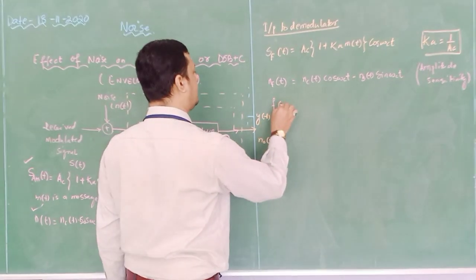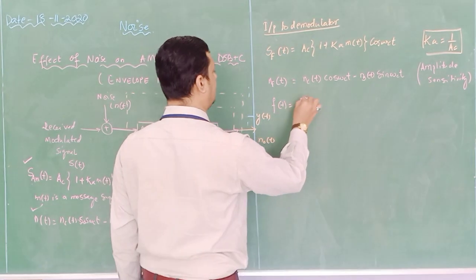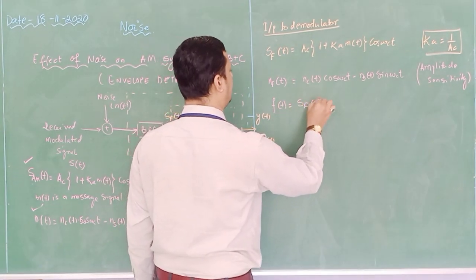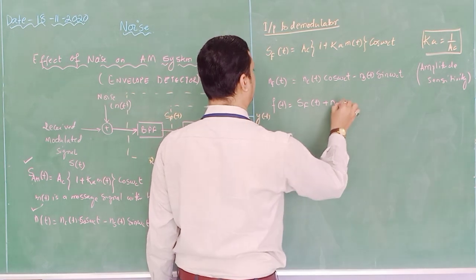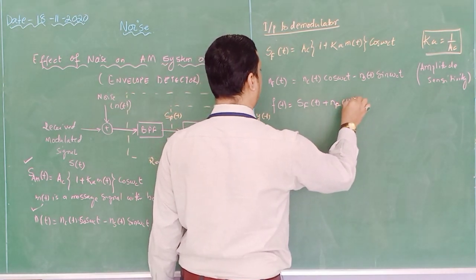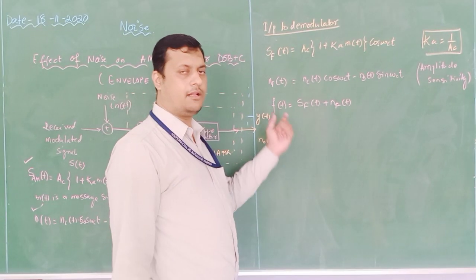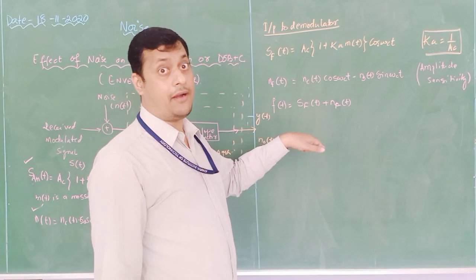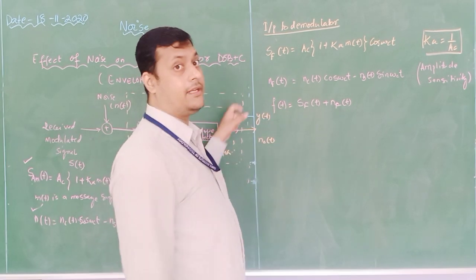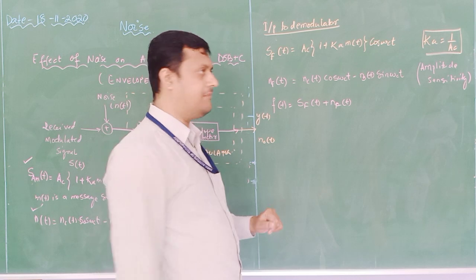Input to the envelope detector is s(t) plus n(t). Additive value. This will be our main point of attraction, because in the envelope detector we need to add the component. Okay.